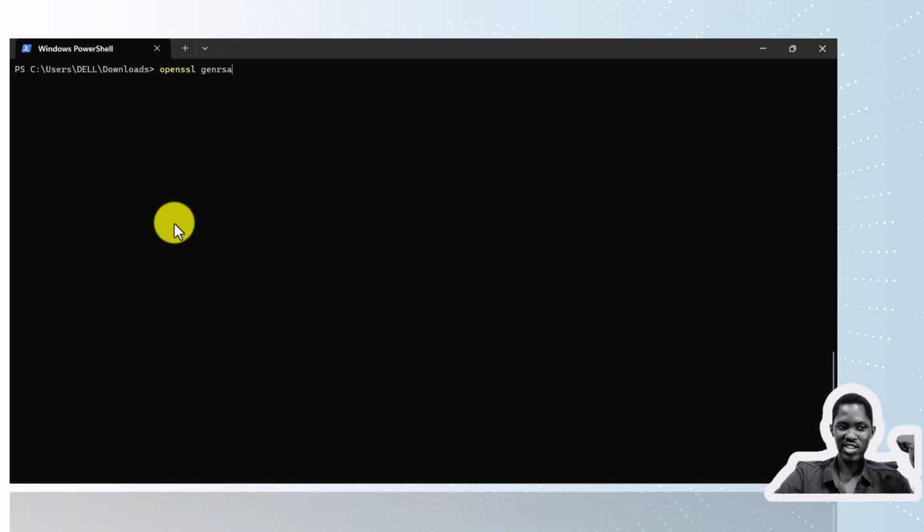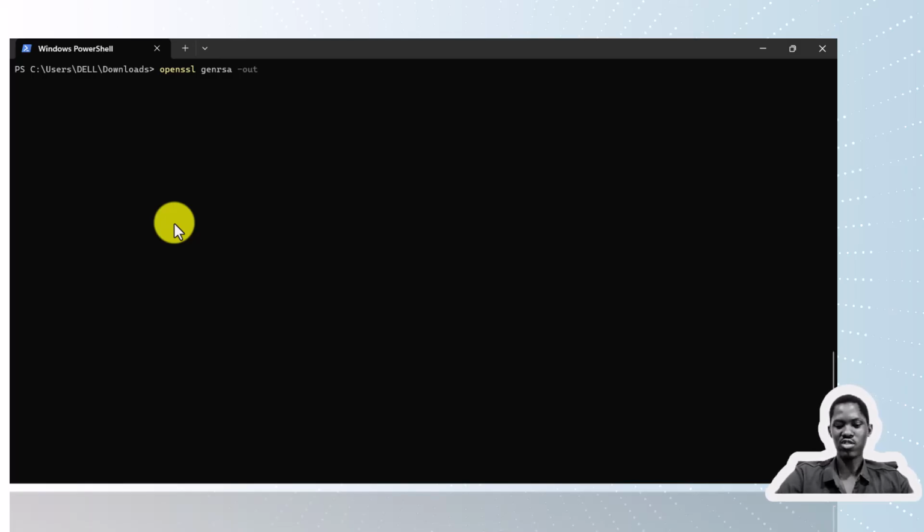Remember, RSA, Rivest, Shamir, Adleman, is an algorithm that is a type under asymmetric encryption. AES, Advanced Encryption Standard, is an algorithm under what? Symmetric encryption. So now, RSA, I'm generating my private key.